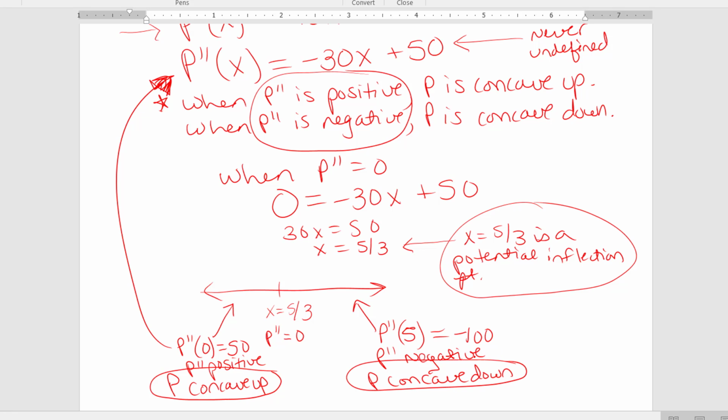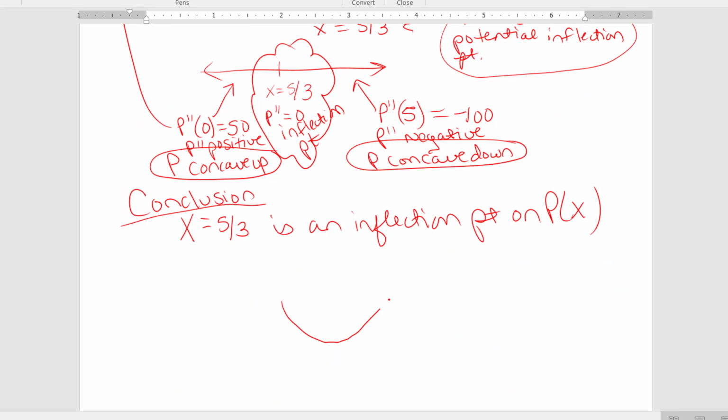So to the left of this x value, p is concave up. To the right of this x value, p is concave down. So I can now conclude x equals 5/3 is an inflection point because the concavity of p changed at that value. Overall, then, we can say p of x is concave up and then concave down.